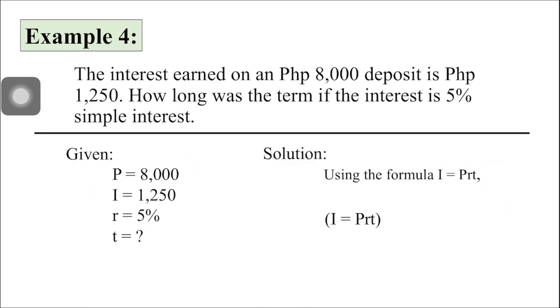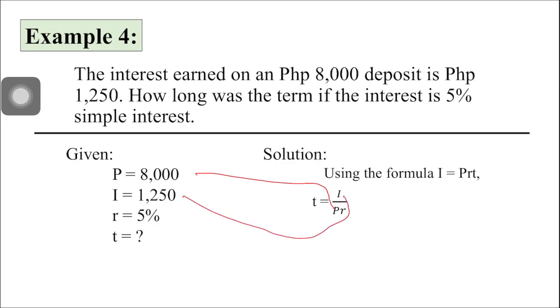So using the formula I, we manipulate the formula, and this is the formula in getting the time. So substitute the given. Here, your P, your I, and also your R. So that's T is equal to 1,250 over 8,000 times 0.05.